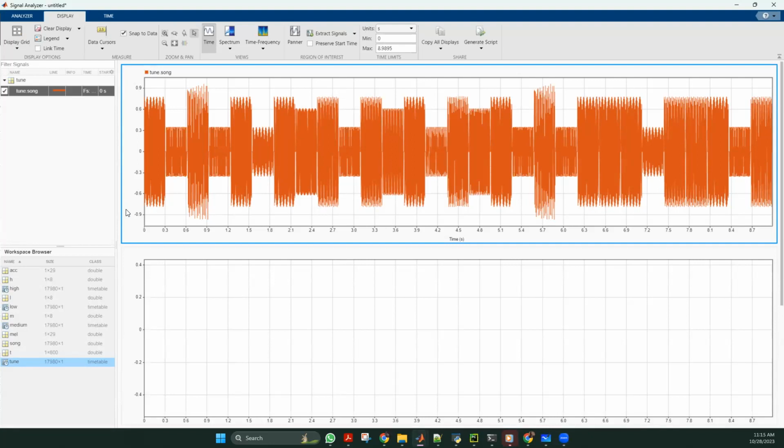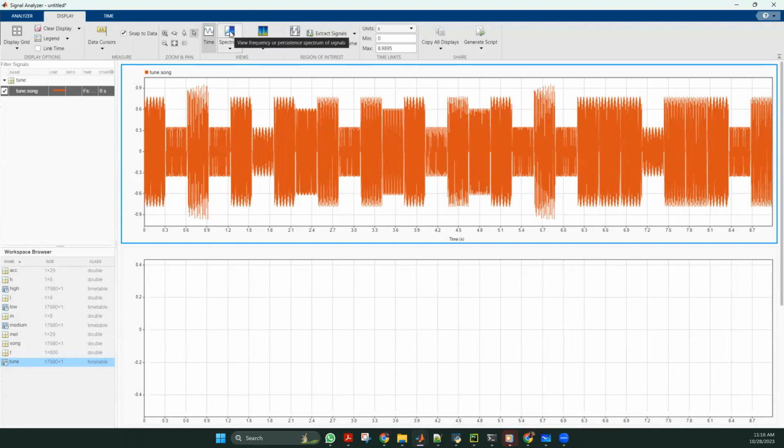I'm just trying to filter this, but you can observe the frequency components of this signal, and you can calculate the amplitudes of the signal.